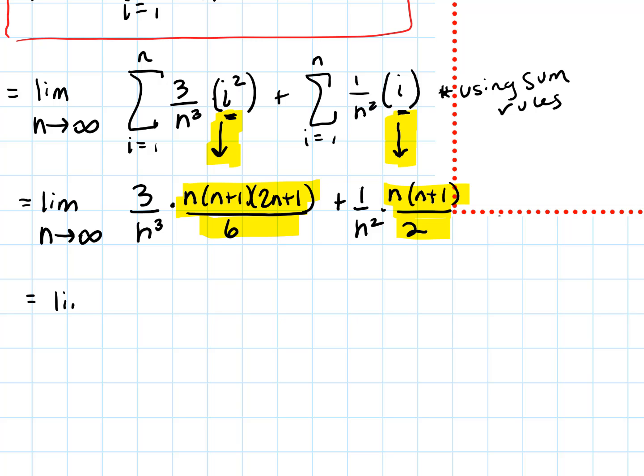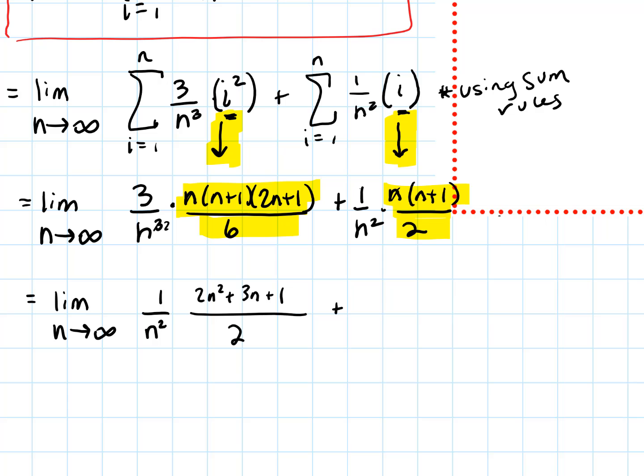All right, so this is now the limit as n goes to infinity of 3 over, oh, you know what, let's get a little bit of simplification here. The 3 and the 6 will reduce. I'm not going to expand it out. I'm going to simplify one of those n's, and one of those n's cancels there. So I have n squared there, and then I'm going to expand the top, 2n squared plus 3n plus 1.